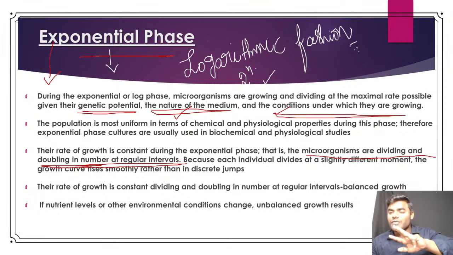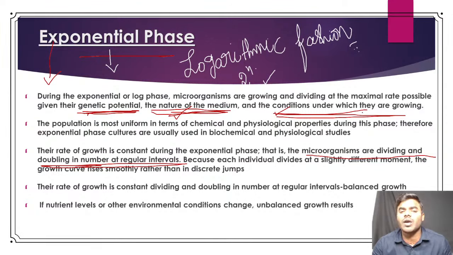You have provided everything nice, a good medium, there is no competition, but the microorganism does not have the ability to grow and develop, then it cannot grow. So friends, in the exponential phase, if the microorganism wants to grow, there should be genetic potential, a suitable medium, and no competition. Then only will there be growth, that is exponential growth.